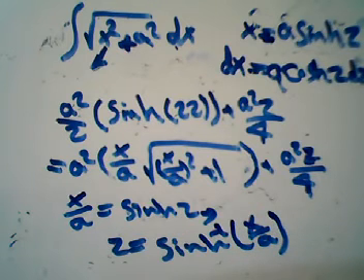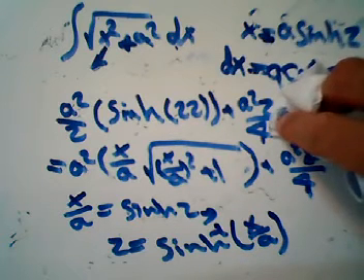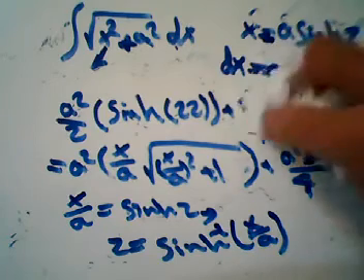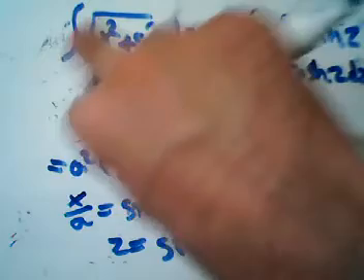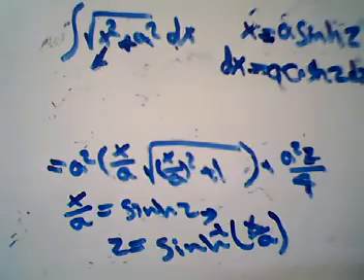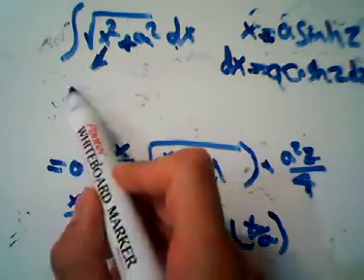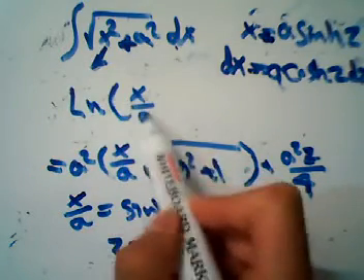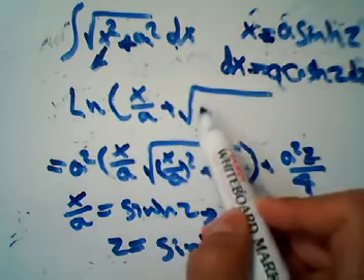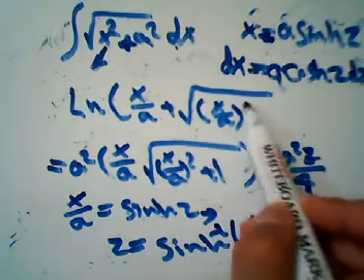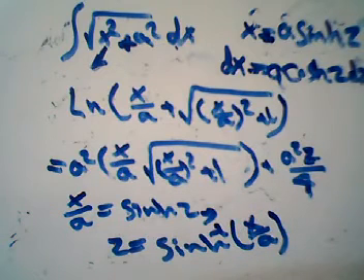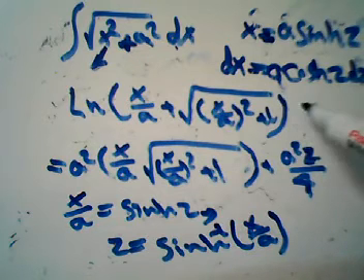And according to the formula for the inverse function of sine and cosine hyperbolics I gave you before, that would be ln of x over a plus the square root of (x over a) squared plus 1. So this is z.